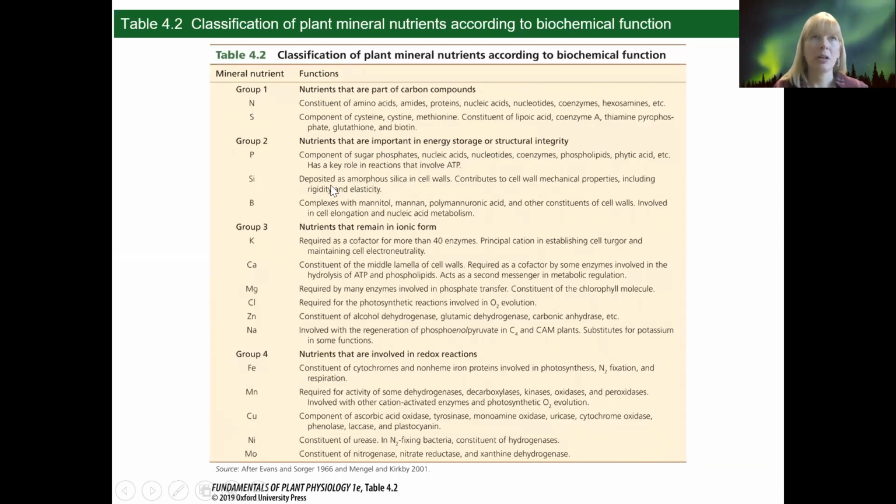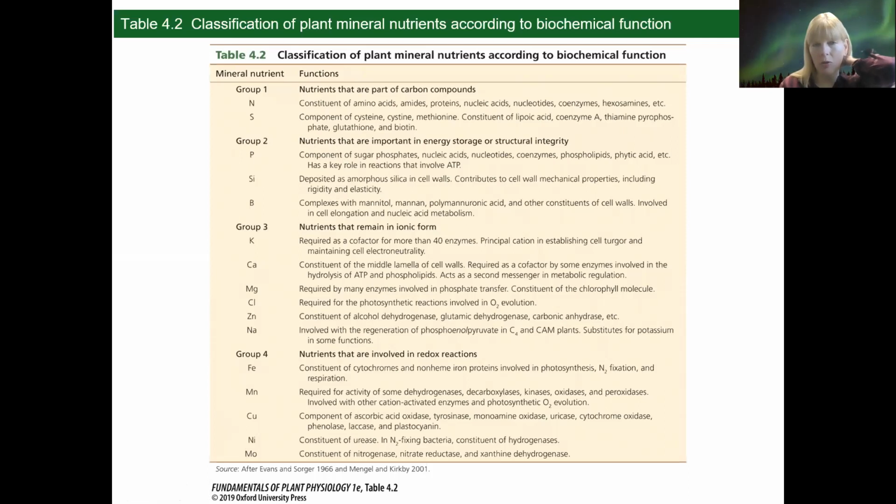and it can be part of the cell wall structure, and so what I would do is give you several bits of information about that nutrient, and then I give you a multiple choice, A, B, C, D, pick which one I'm talking about.